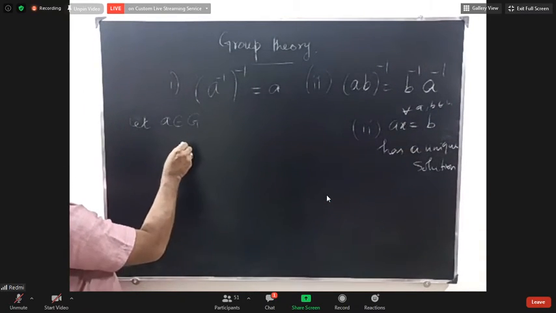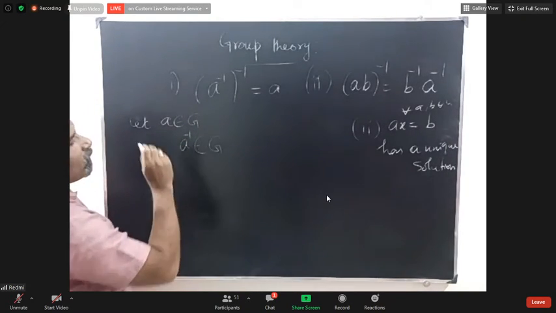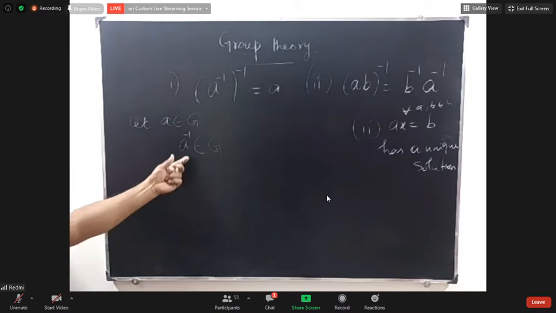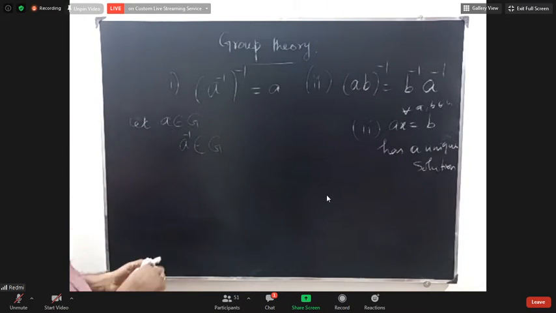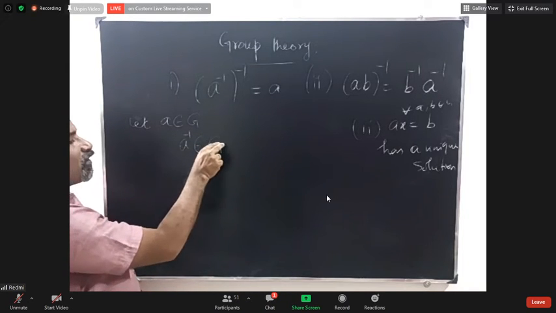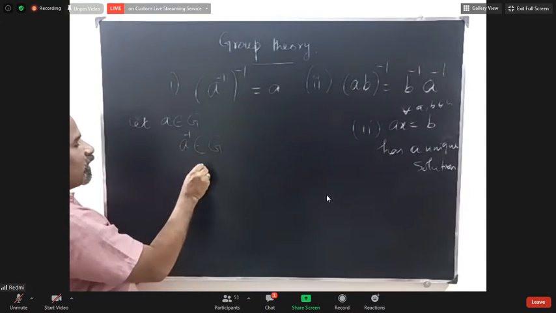G is a group, therefore A inverse also belongs to G. So therefore the inverse of A inverse also belongs to G, because if you take any element belonging to G, there exists the inverse.